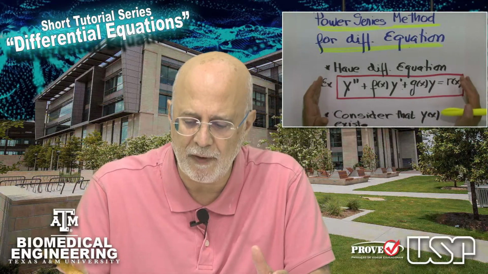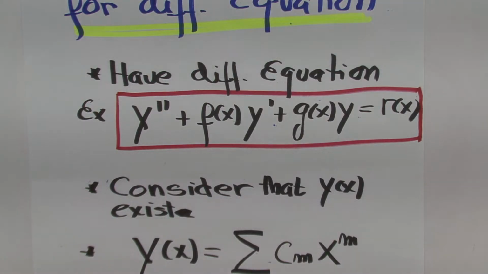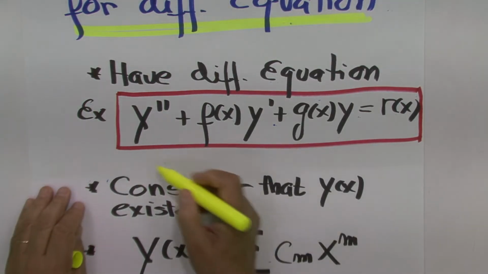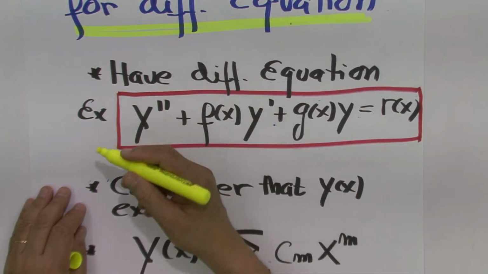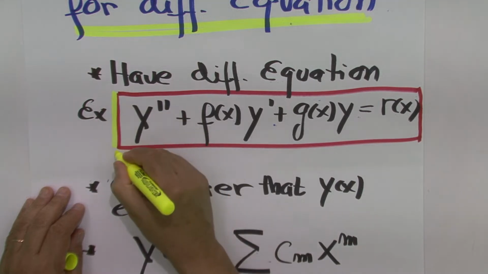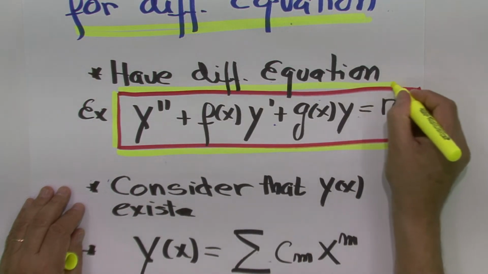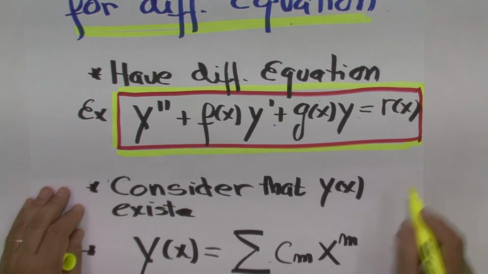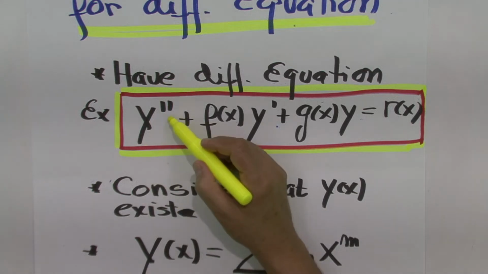So, having the differential equation here, I put a generic form of a differential equation. Of course, I put a second order differential equation, but what we're going to do now is valid for any differential equation that you may have in your problem. I took an example, a second order differential equation which has a second derivative.